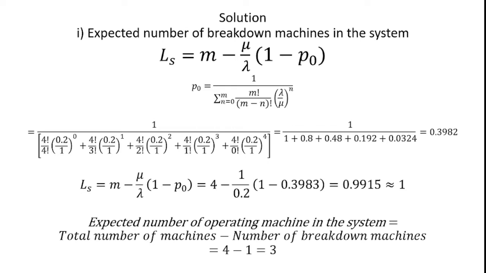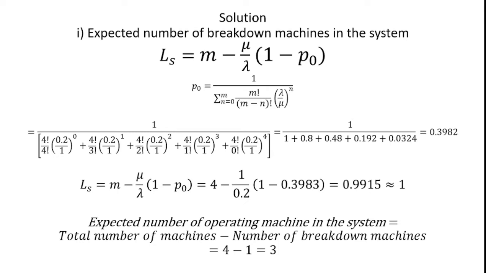So I can substitute the values: 1 divided by the summation of n equal to 0 to m. First I substitute 0 for n, because initially the system is empty.